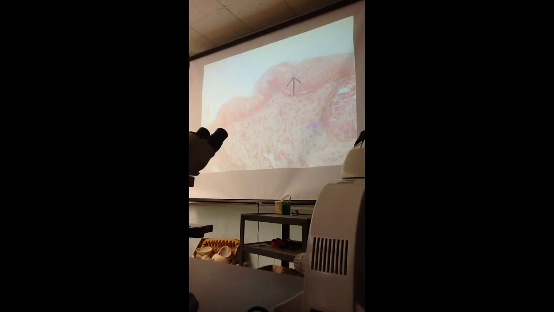The way that you recognize that this is transitional epithelium is seeing the cells on the surface. The cells on the surface are not flat. They are called dome cells, or they are dome shaped. Here you can see some cells that are not flat, some round nuclei. They kind of form like a dome.